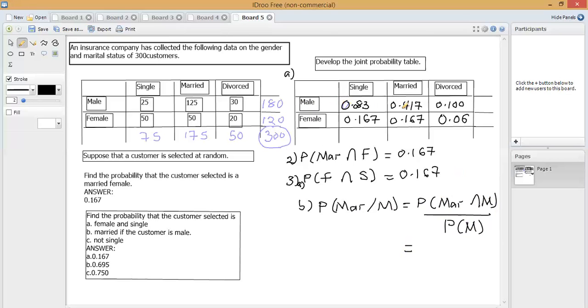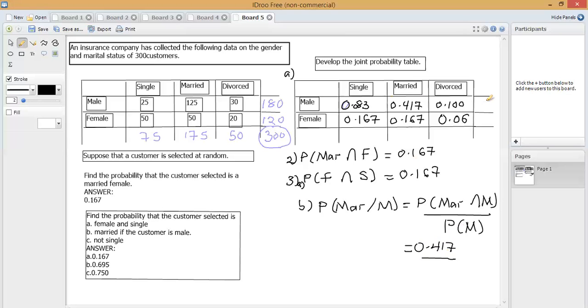This is my male, and this is my married. This is the intersection, 0.417. So I write 0.417 over probability of male, meaning the sum of all the male.